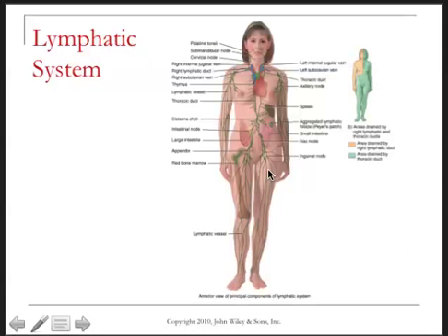Now, if we look here at the lymphatic system, you can see that it's made up of specific organs. You have here the bone marrow, which is engaged in hematopoiesis, and as a result generates the white blood cells. These green lines here are lymphatic capillaries. This is the spleen, okay? In the small intestine, you have clusters of lymphatic tissue called Peyer's patches that lie just below the lumen of the small and large intestine.